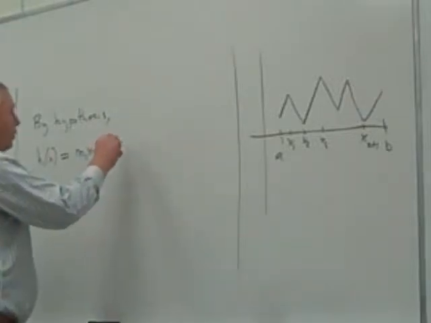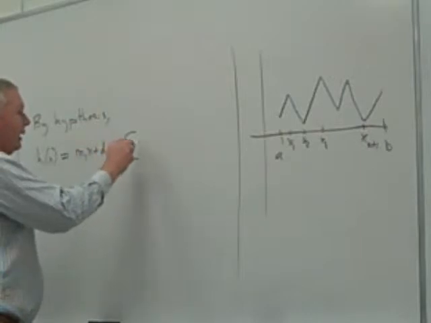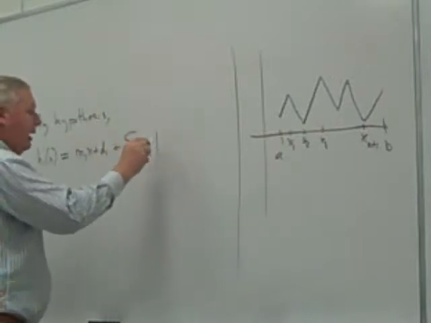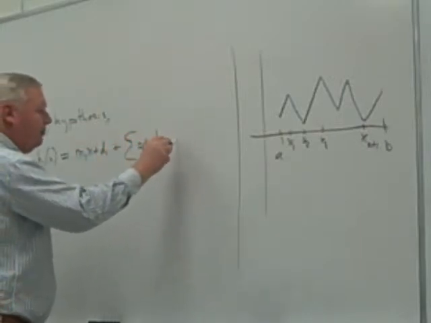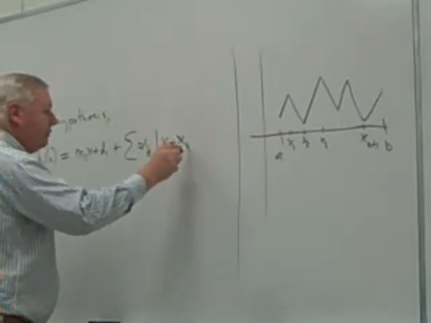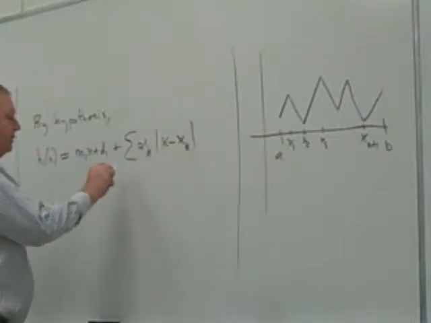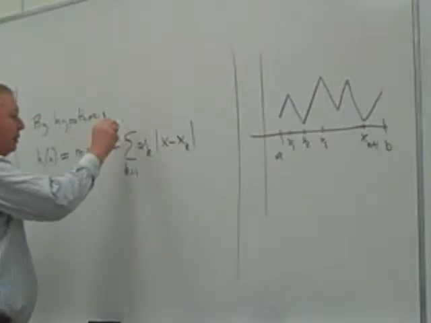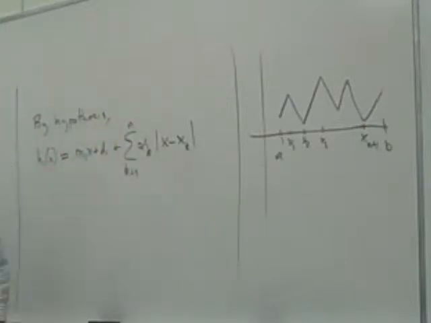So sigma alpha sub k, absolute value of x minus x sub k, summed from 1 to n. So a linear piece plus a combination of these absolute values.